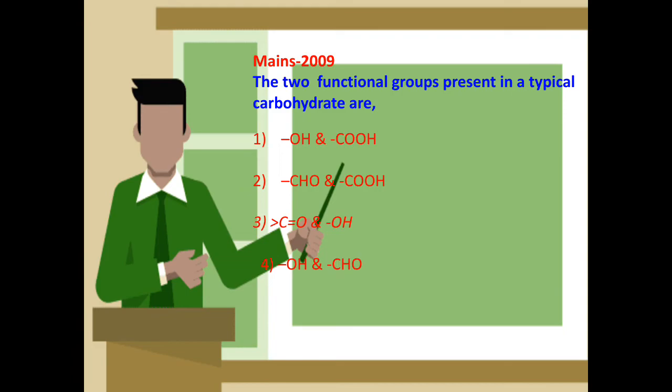Which is the right one? In a typical carbohydrate, which 2 functional groups are there? Option 1: OH hydroxy group, COOH carboxylic acid. Option 2: aldehyde group, carboxylic acid. Option 3: carbonyl group and hydroxy group. Option 4: OH hydroxy group and aldehyde group.